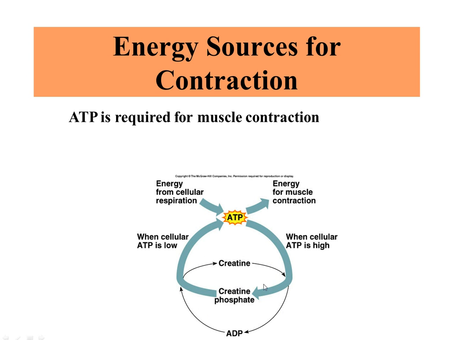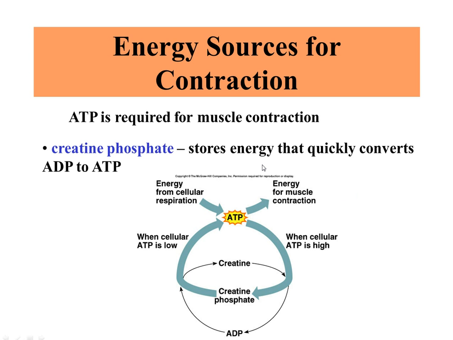As it's breaking down that creatine phosphate, phosphate is added to the ADP to become ATP. So that's how we get ATPs, the currency for muscle contractions and a lot of other metabolic activities in your body.